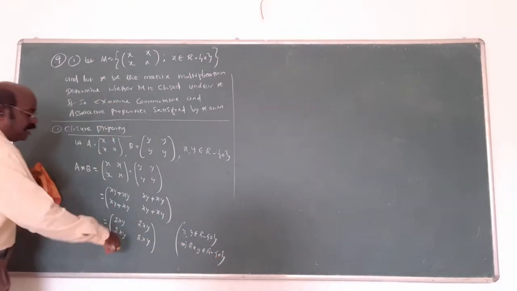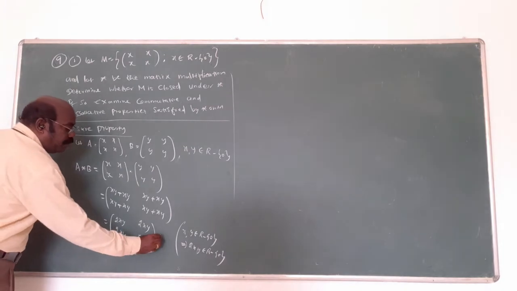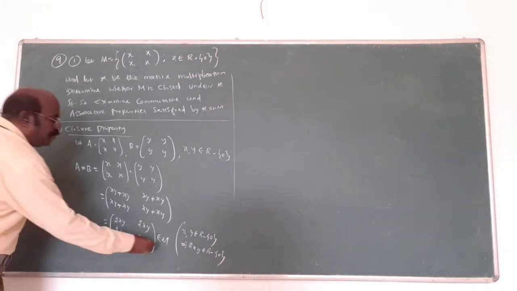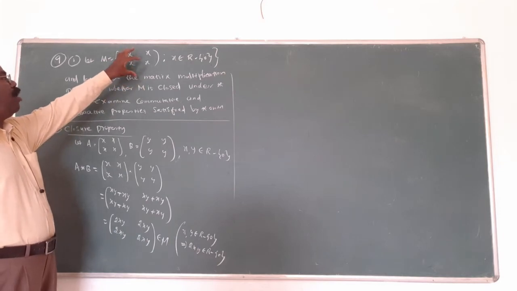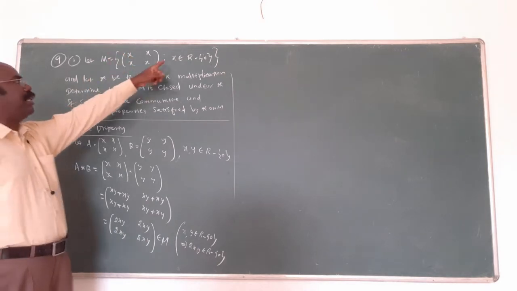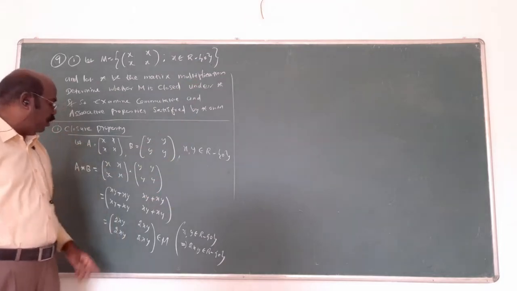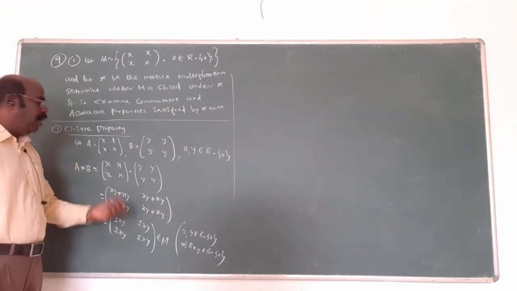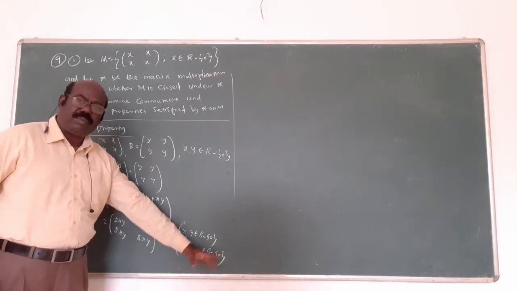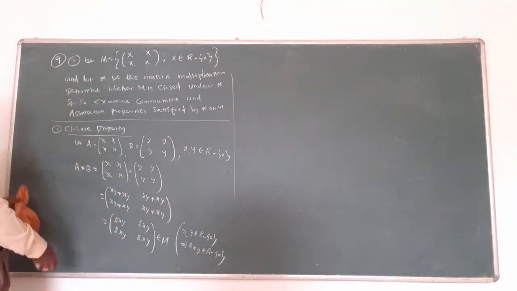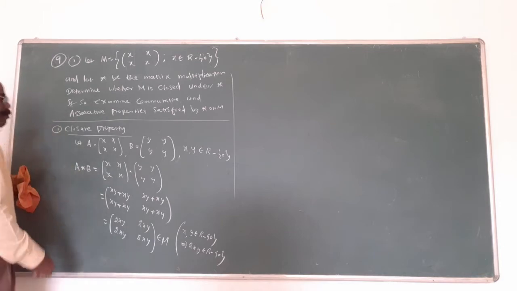This is the reason this belongs to M, because M is the set of matrices of order 2 cross 2 where all elements are equal and belong to R minus 0. Here also all four elements are equal and belong to R minus 0.